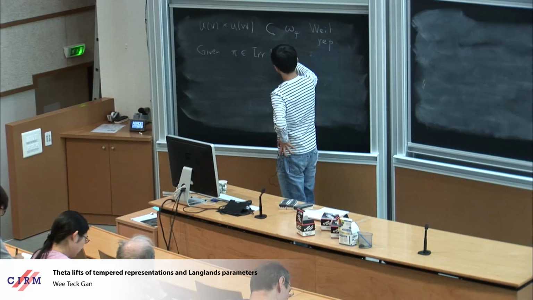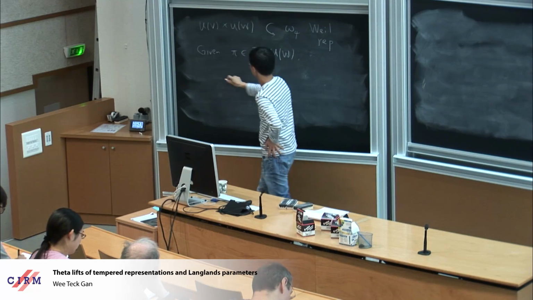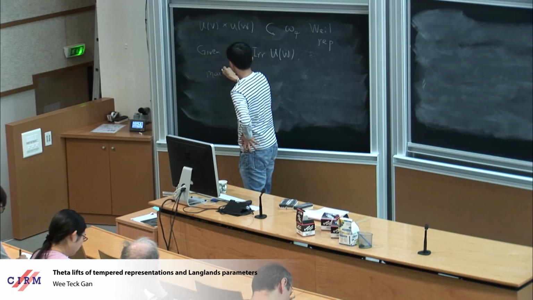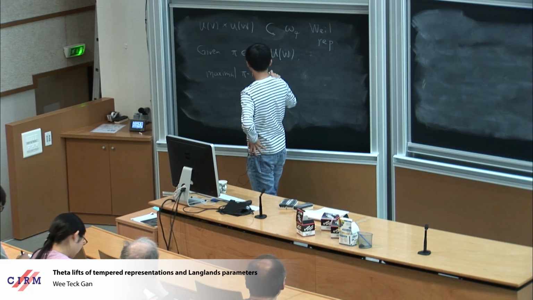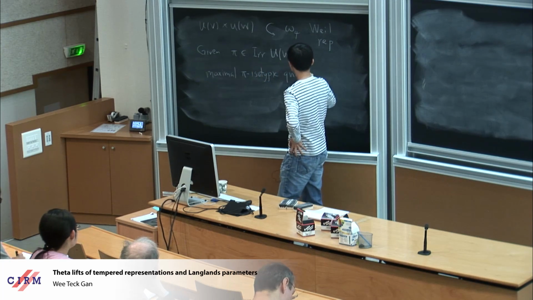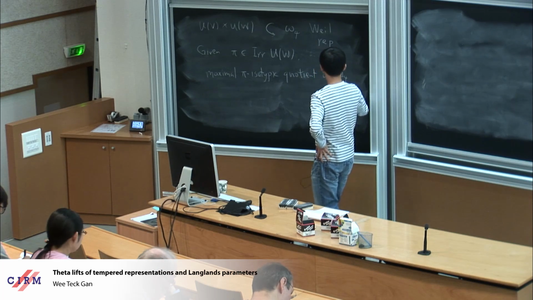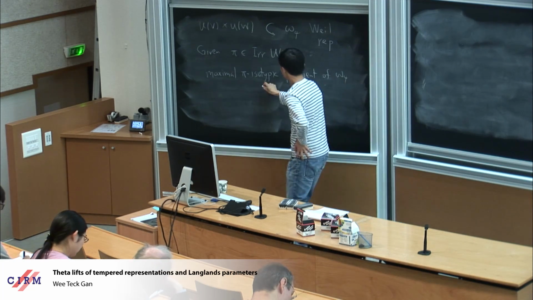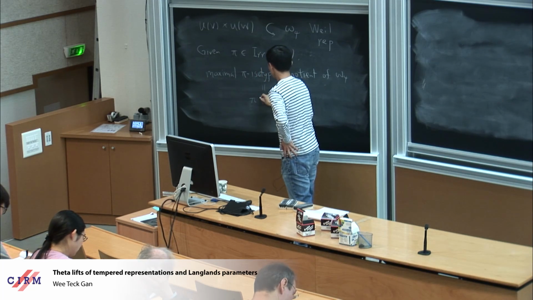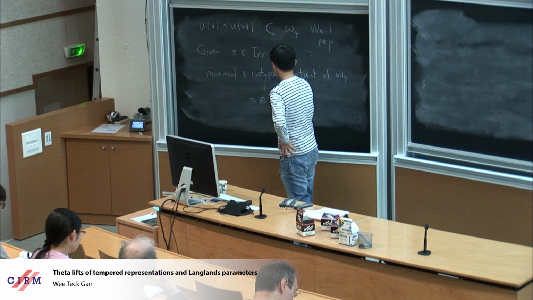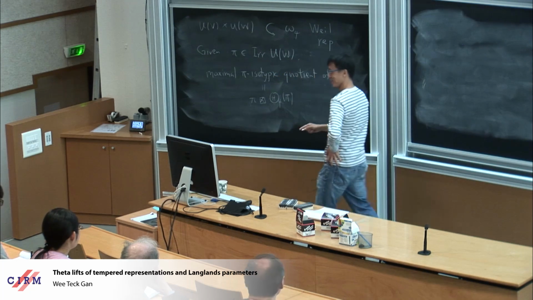Okay, so to formulate more precisely, if you give me a representation pi of, say, one of the groups, then I can look at the so-called maximal pi-isotypic quotient of omega. And so it's supposed to be pi-isotypic, so it has the form of some multiplicity space times pi. And that multiplicity space, we just call it Theta of pi.